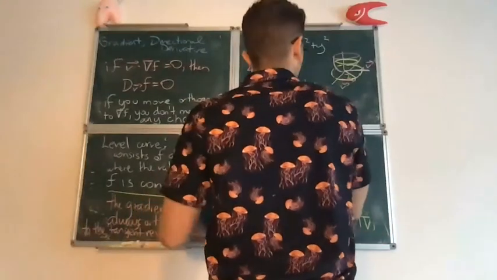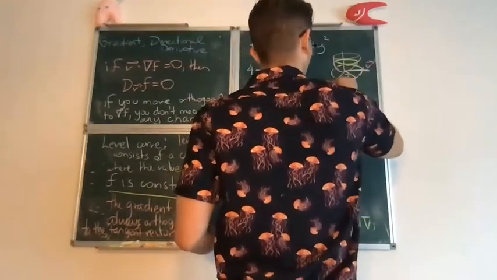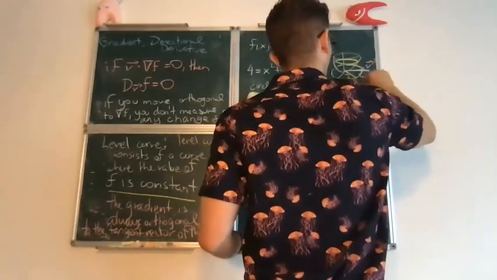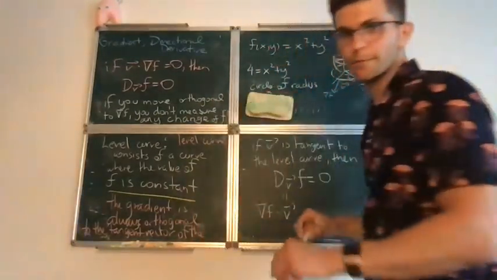So that means that in this picture, the gradient looks like this, because it has to be perpendicular to the level curve.